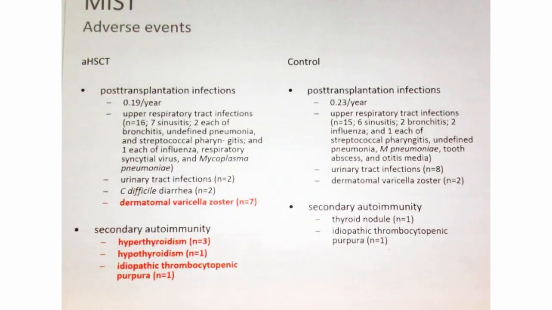If we can show the slide, you can see that comparatively the post-transplantation infection rates were pretty comparable, but there were some specific things like dermatomal varicella zoster, which was very specific for the hemopoietic stem cell, and also secondary autoimmunity. Now, where have we heard this before? I think we've been down this route with alemtuzumab, and this tells us that it's going to be an issue with HSCT as we start to perform it a lot more.